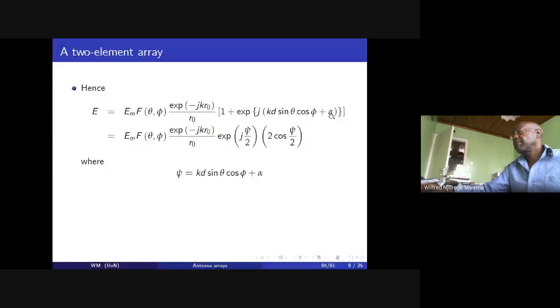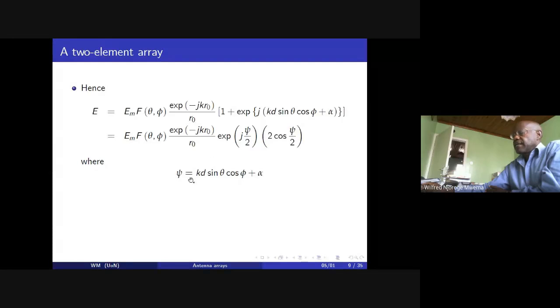When we add those two together, we get psi by 2, exponent of j psi by 2, multiplied by 2 cos psi by 2, where psi is now defined as kd, the phase delay because of the separation, multiplied by sine theta cos phi, plus alpha.